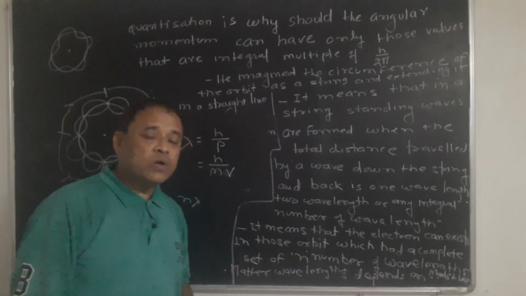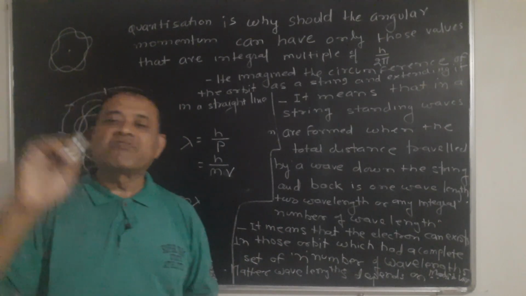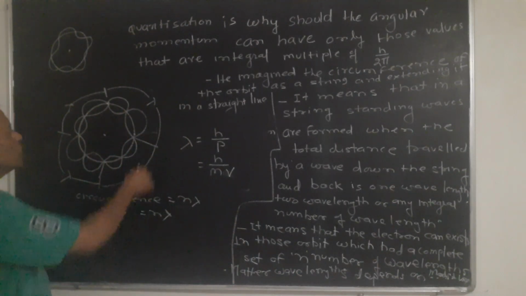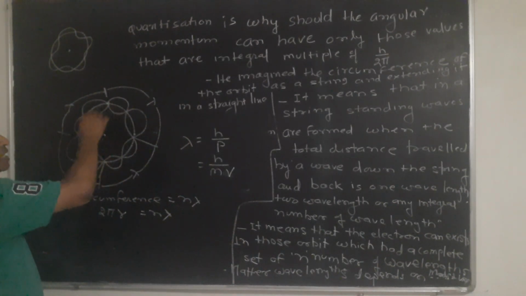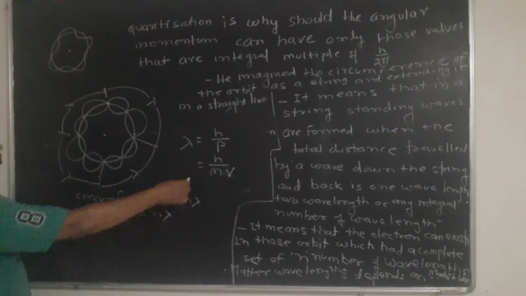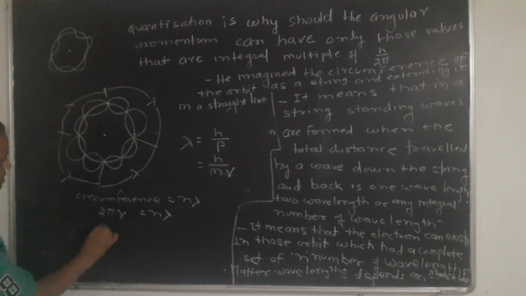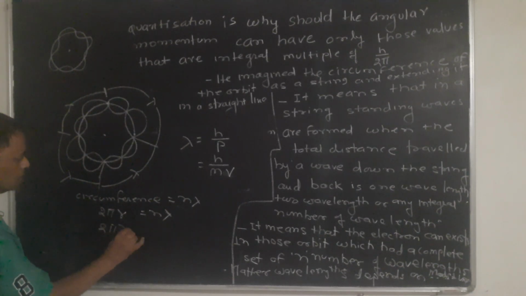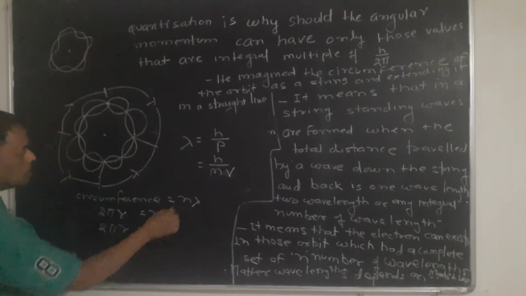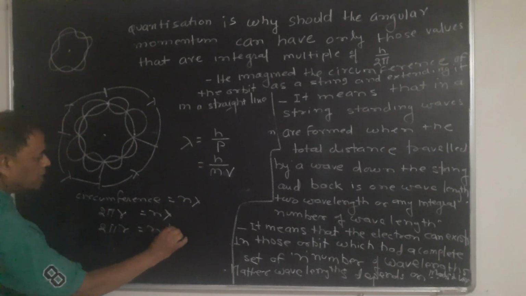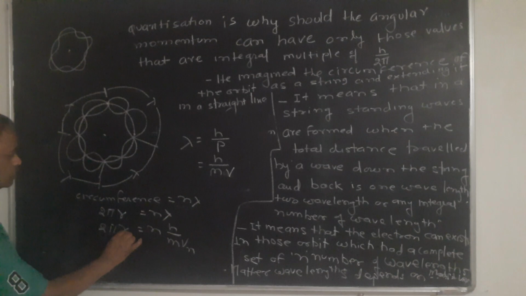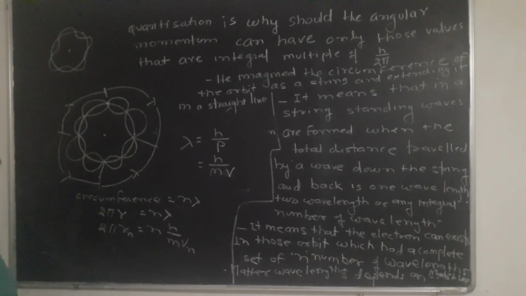But here it is angular momentum. Angular momentum is just like a fan moving through some angle. The electron is also revolving, so this is angular momentum. With this formula we can write 2 pi r is equal to n, and we replace lambda with h upon m v_n.